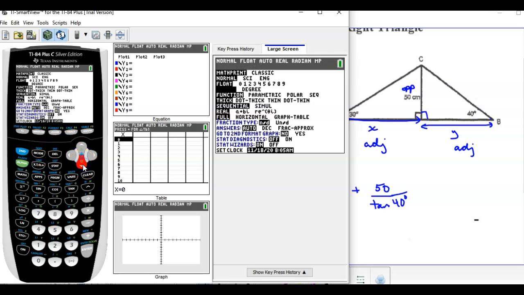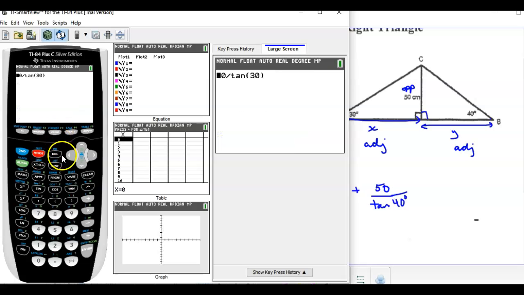Mine's in radian, so go down to degree, cursor to the right, and enter on degree. Once you reset your calculator, it does go back to radian mode. So just quit out of that. Now I can press enter, or you can add the next term. I'm going to do it both ways. So there's the first term, and then 50 divided by tan of 40.